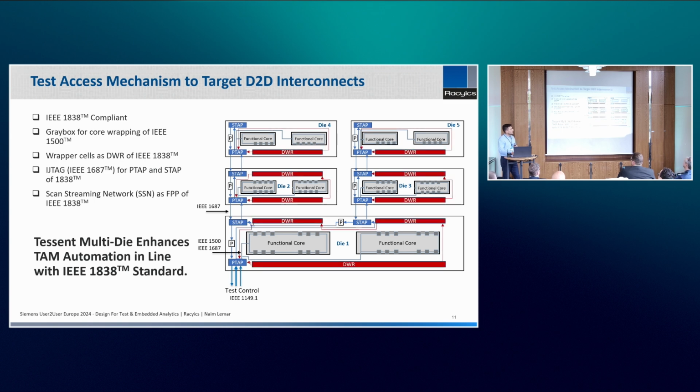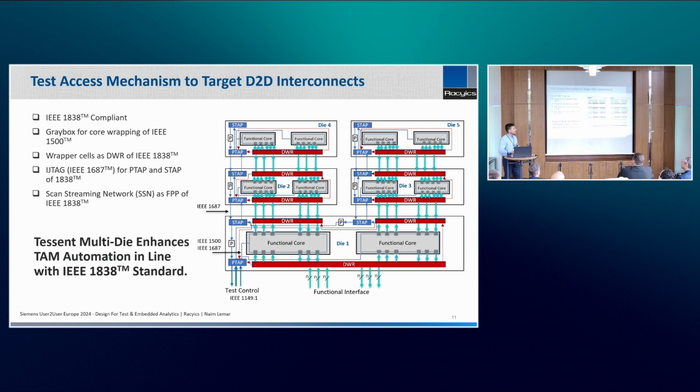Apart from that, the major and important part is the DWR, the die wrapper registers, which serve as a launch and capture point for the functional interconnects. One die wrapper register will serve as a launch and the other as a capture to test those interconnects. It's already defined in IEEE 1838.